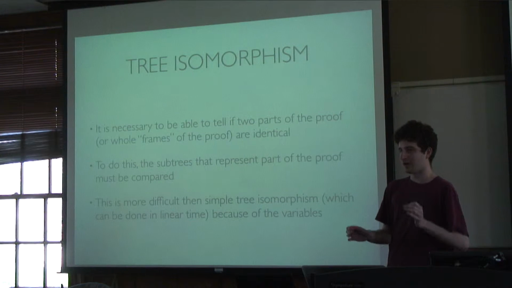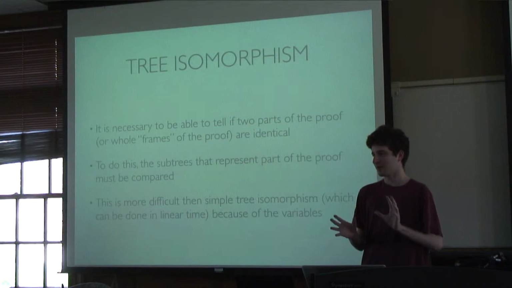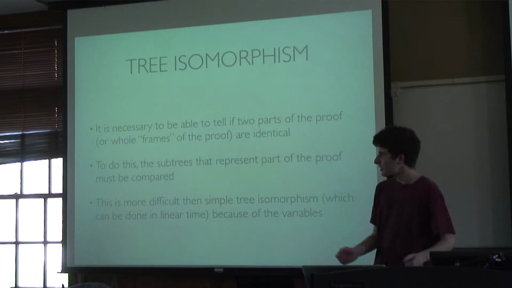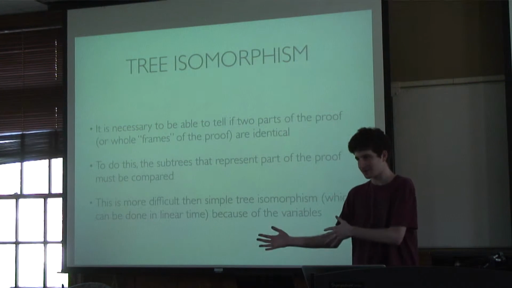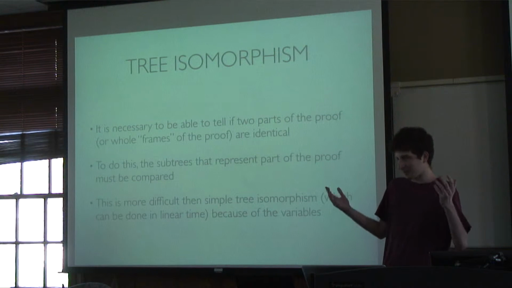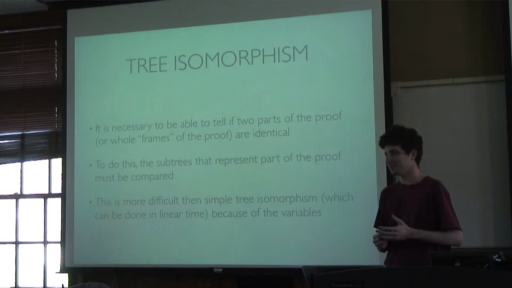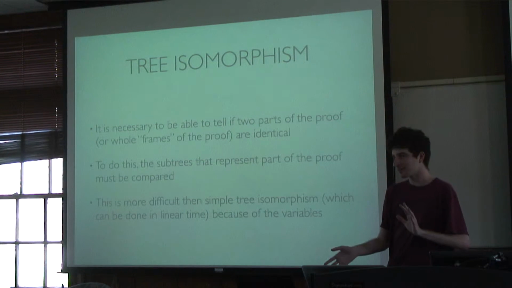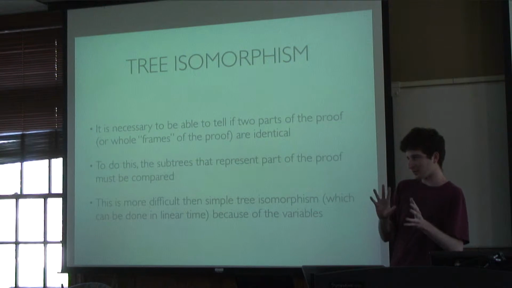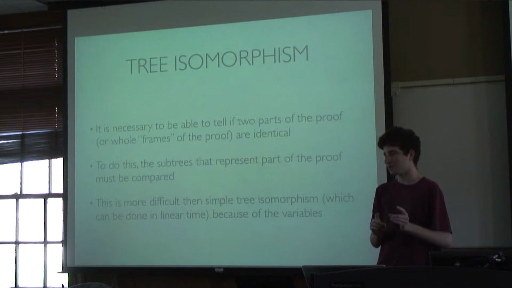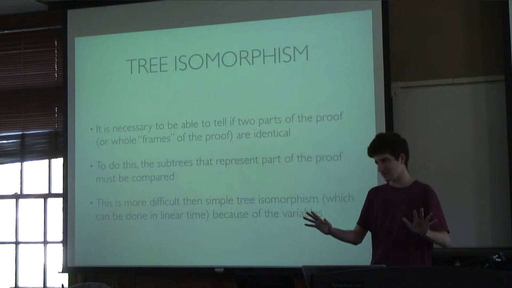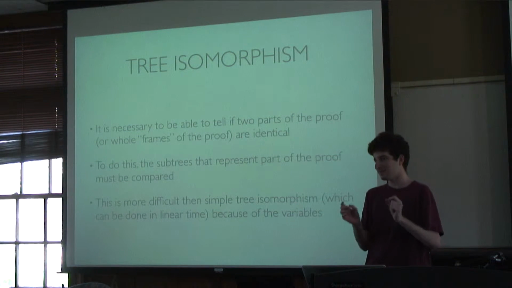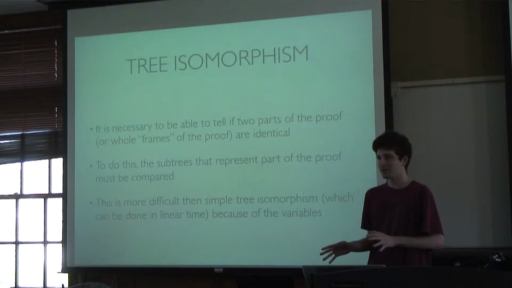Now the problem is, what we wanted to do was be able to say if a subset or even the whole tree was the same as another part of a different tree. That's known as tree isomorphism. Normally this is a pretty simple problem, it's linear, but ours got a little more complicated because of the variables. So instead of just trying to match up the structure of the tree, we're also trying to match it up so that the structure matches and the variables match in the right place.